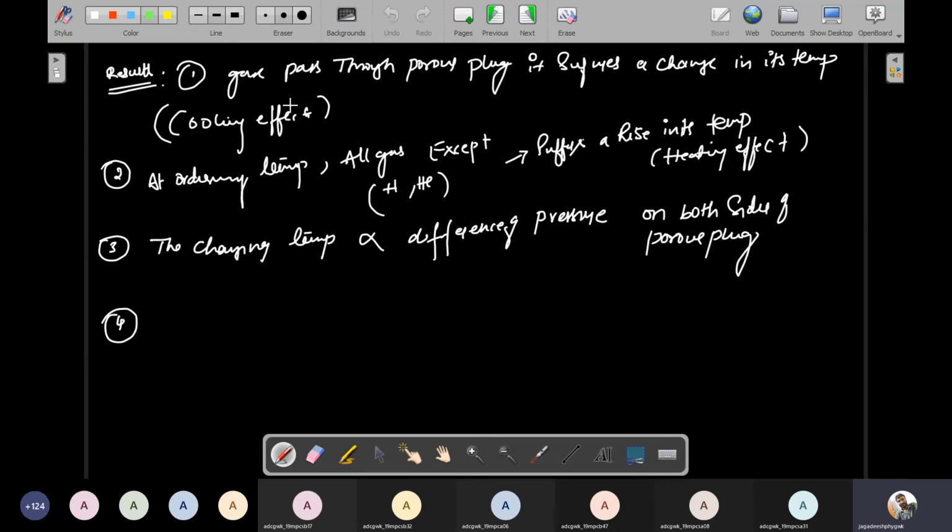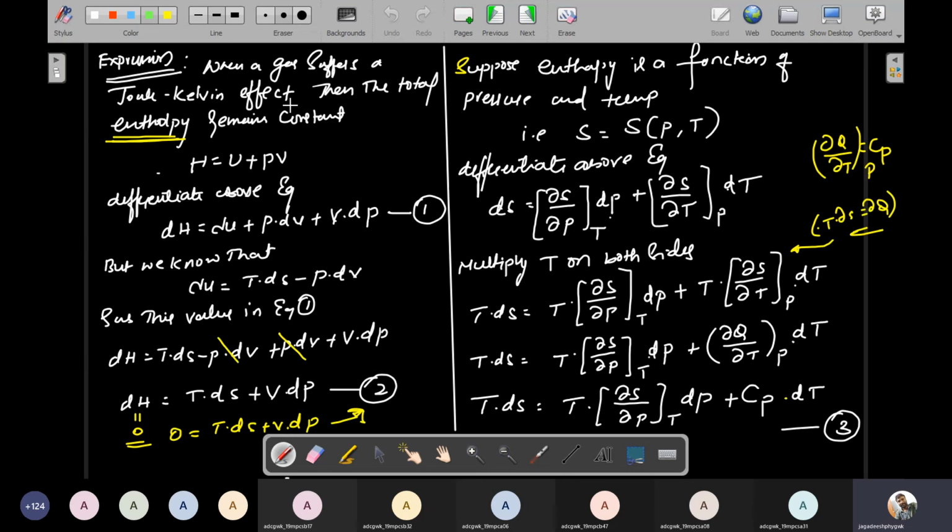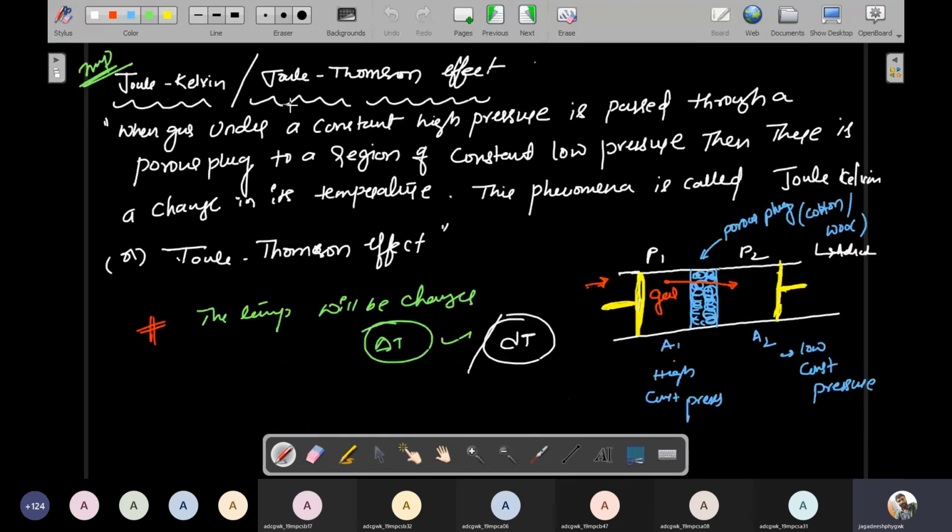Right now, I want to explain the expression. If this is considered a porous plug, it works like an adiabatic process because it is like an adiabatic wall. In an adiabatic wall, what will be constant? The total entropy of the system remains constant.